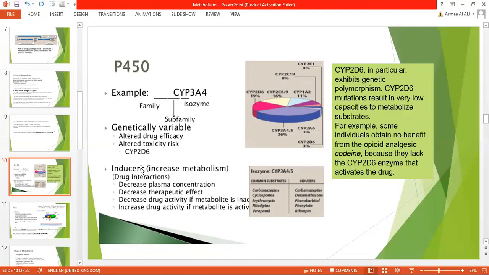Inducers, which increase metabolism. The cytochrome P450 dependent enzymes are an important target for pharmacokinetic drug interactions.